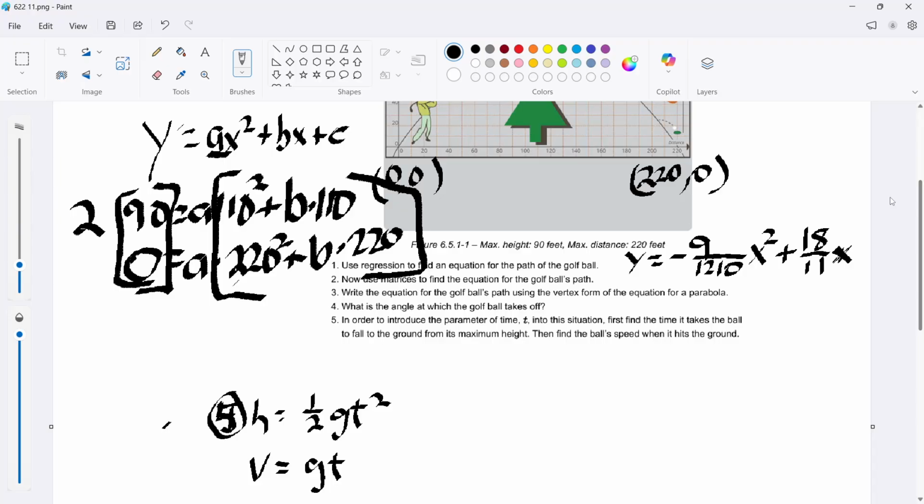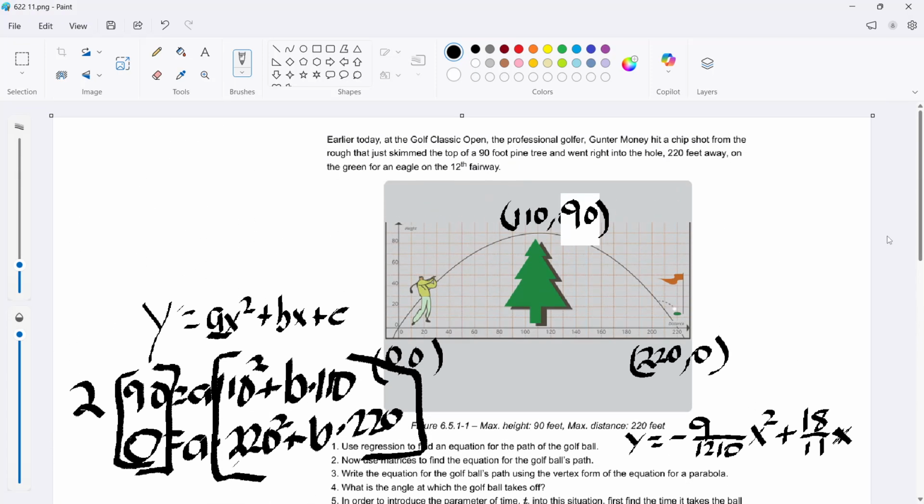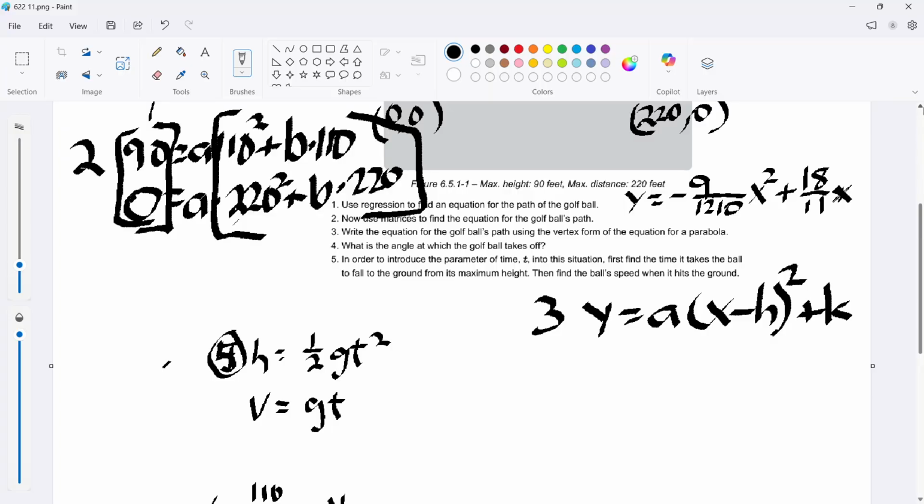So write the equation in vertex form. Remember, the vertex form is y equals a times x minus h squared plus k, where h, k is the vertex. Well, h, k is 110, 90, and a is negative 9 over 1210.